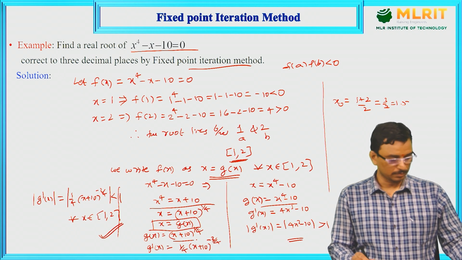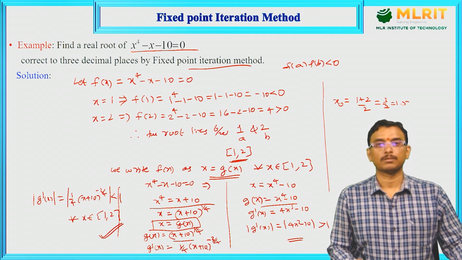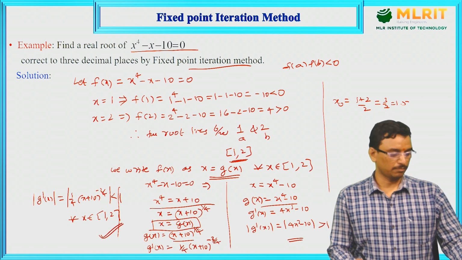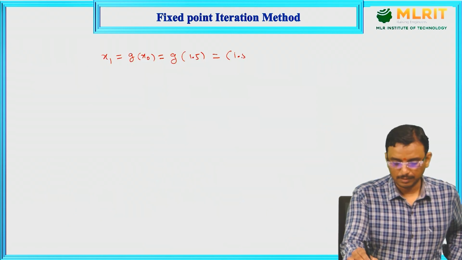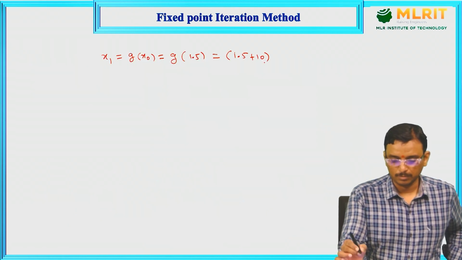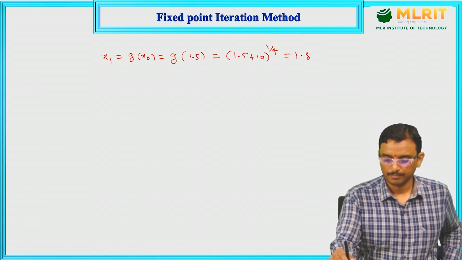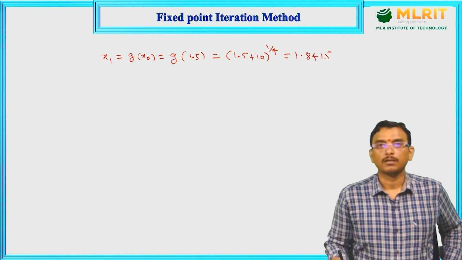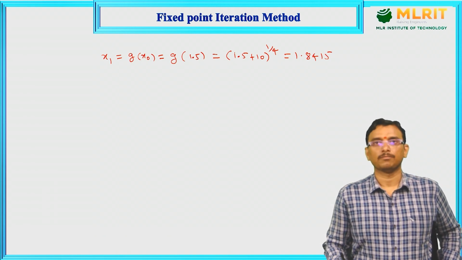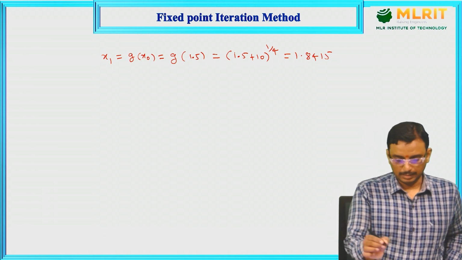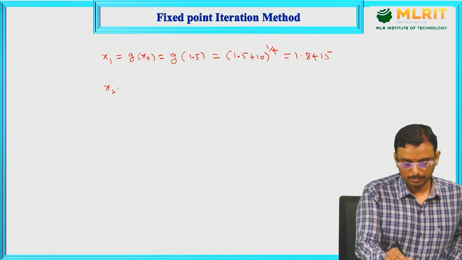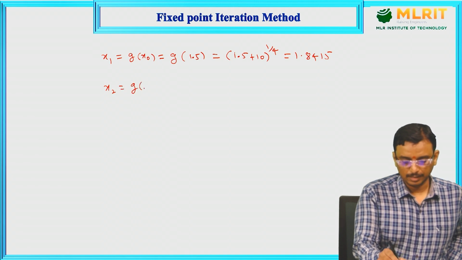So now substitute this value in this function: (1.5 plus 10) whole to the power 1 by 4. So this value is equivalent to 1.8415.